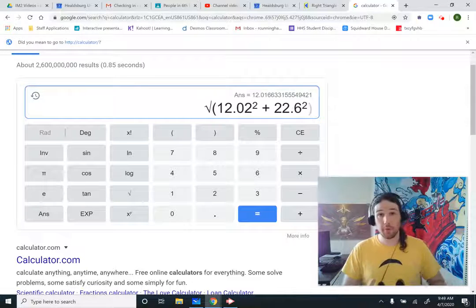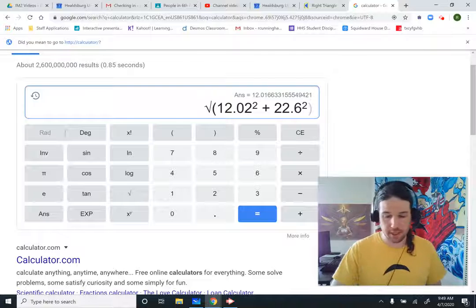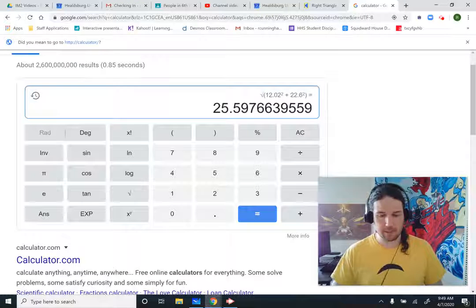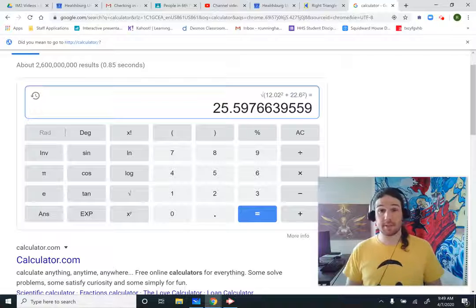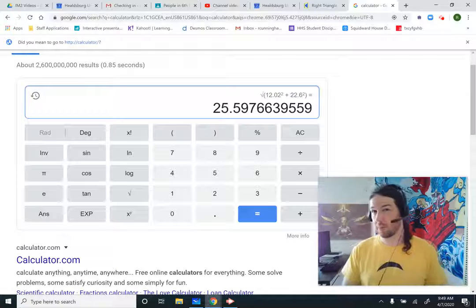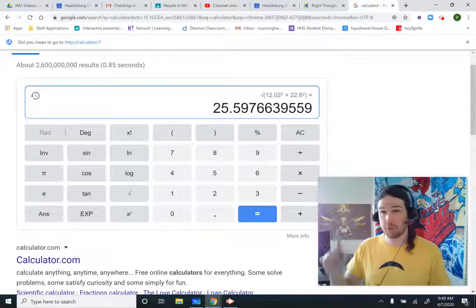And since I put the square root right in front, I should just hit equals and get what I get. 25.597, so we'll call that 25.60. If you don't remember how to round, I'll drop a video link here.